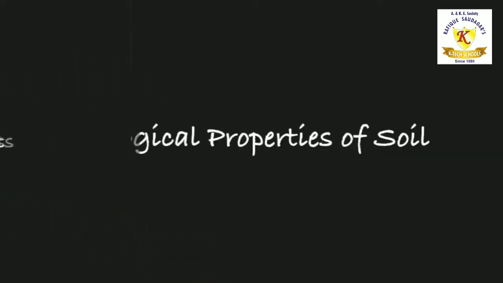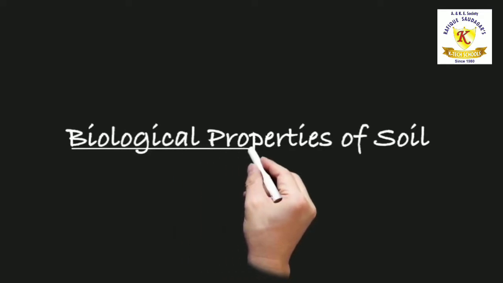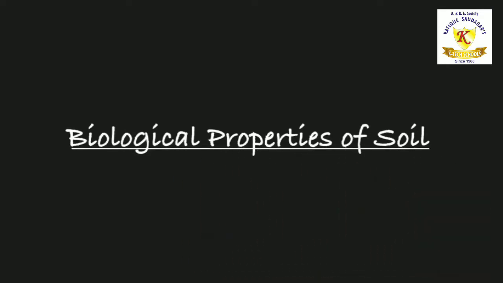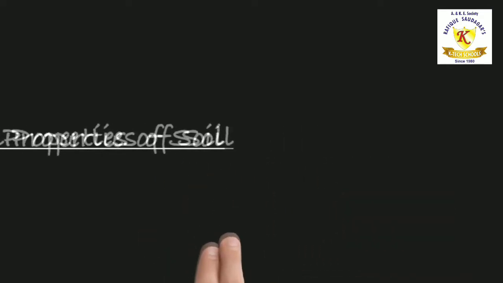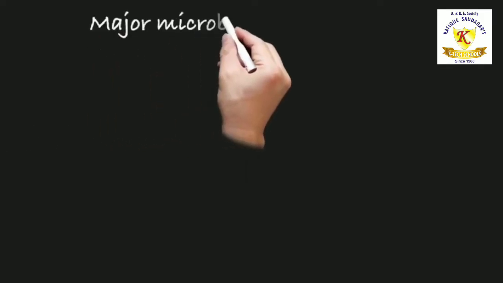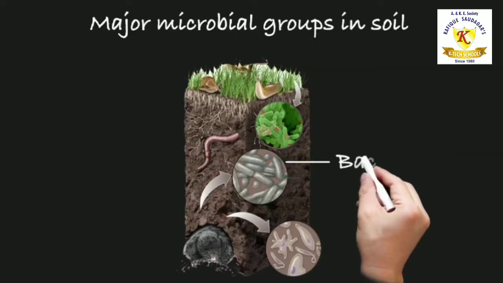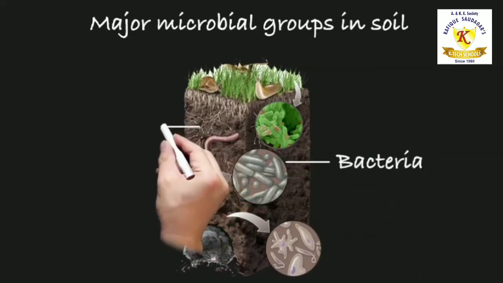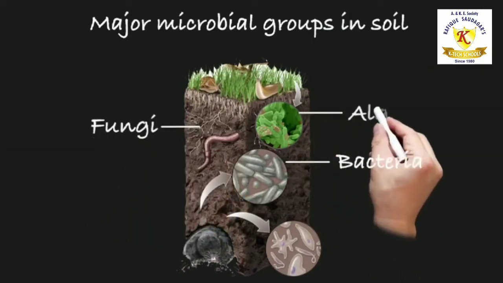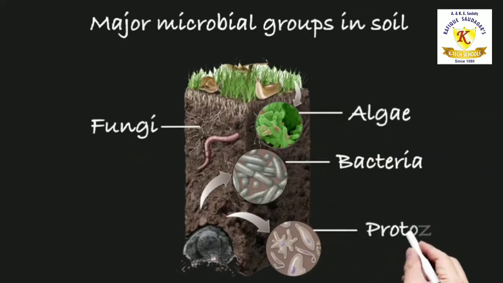Now let's take a look at biological properties of soil. Major microbial groups in soil are bacteria, fungi, algae, and protozoa.